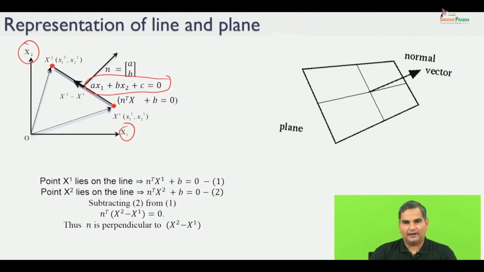So, we want to understand what geometry this equation represents. It turns out, in this case of the two dimensional space, this equation represents a line which is depicted here.